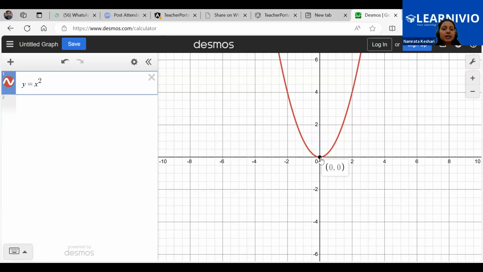When we take x as 0, y will come out as 0.